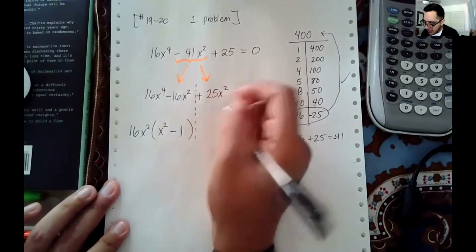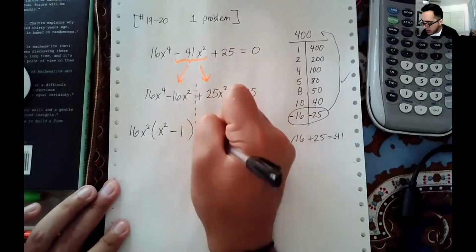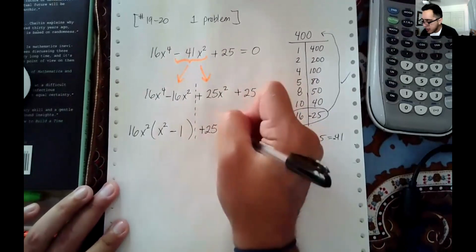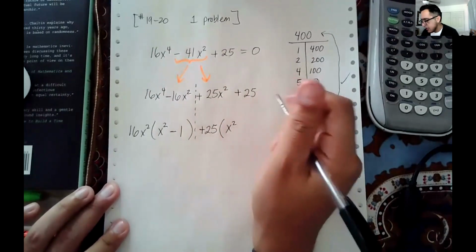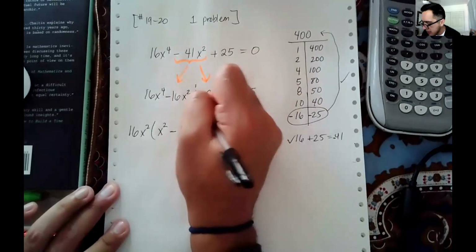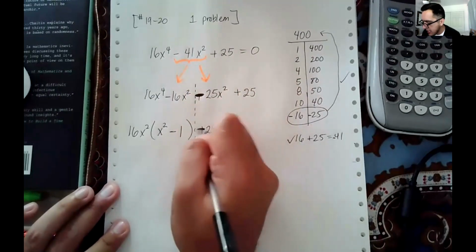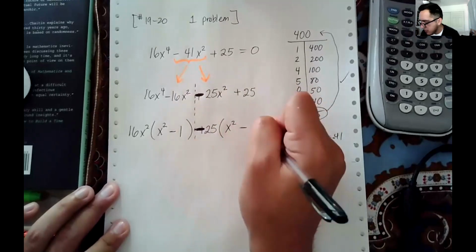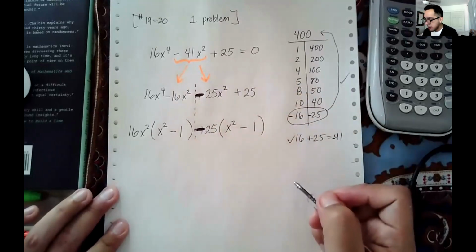And the same thing is going on over here. We have a plus 25 in common, and that's all we have in common. We have x squared. Oh, this was a minus, wasn't it? My bad. So we had to take out a negative sign, and that'll flip the sign over here to negative 1. There we go.